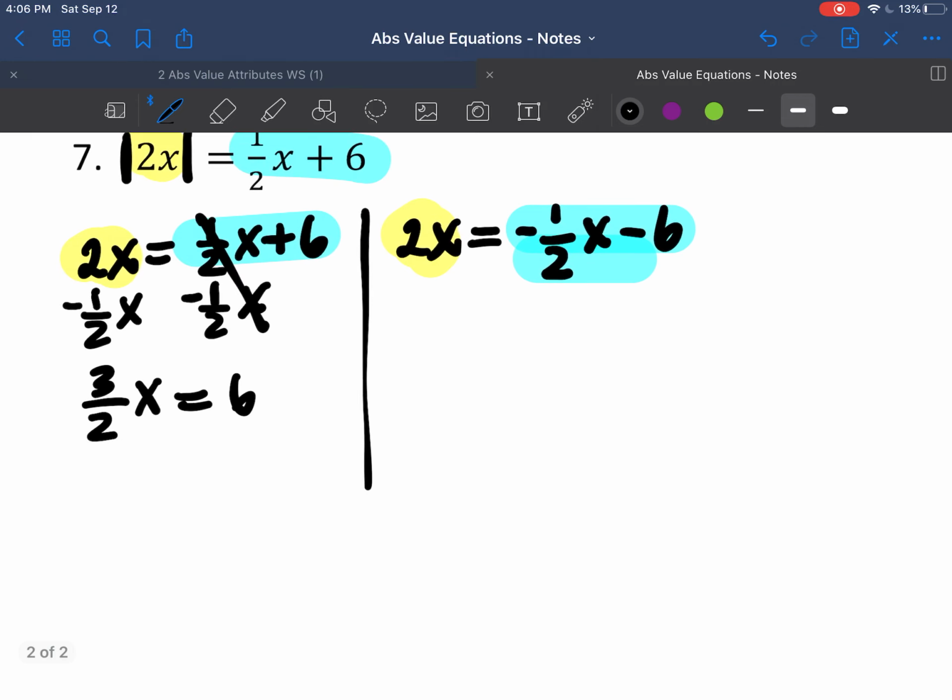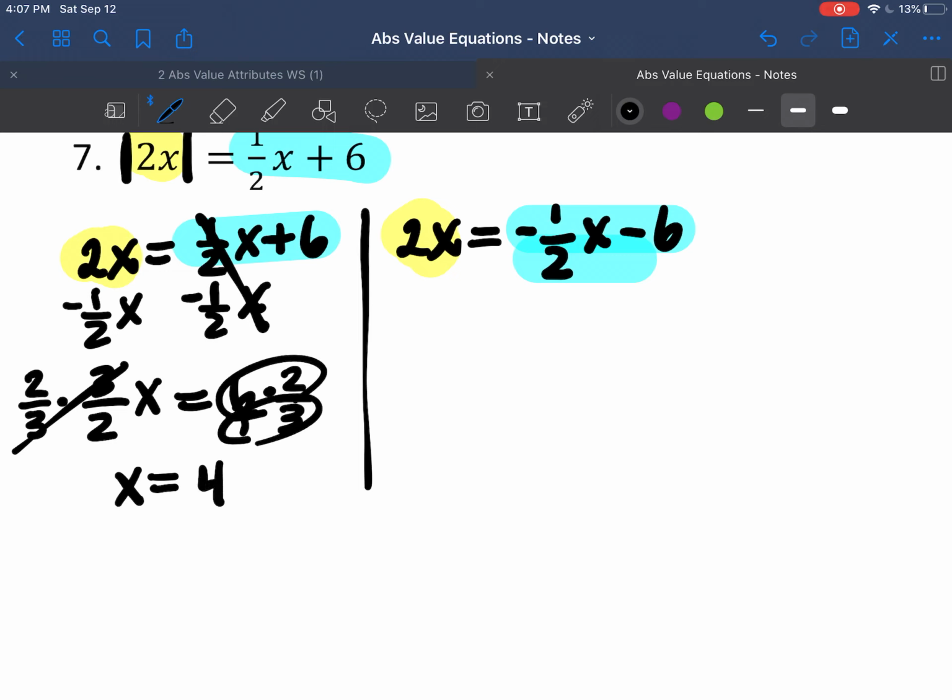Okay. And then to get rid of this 3/2 being multiplied, you can multiply by the reciprocal. And so 6 times 2/3 would give you 12/3, multiplying the top, multiply the bottom, which is 4.